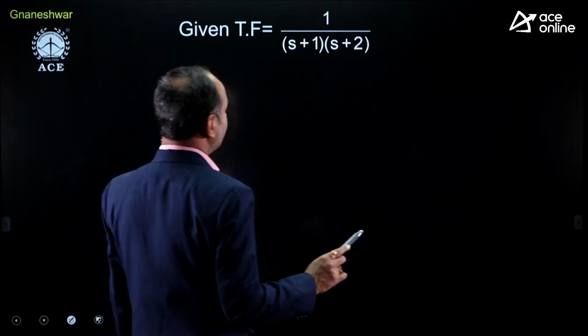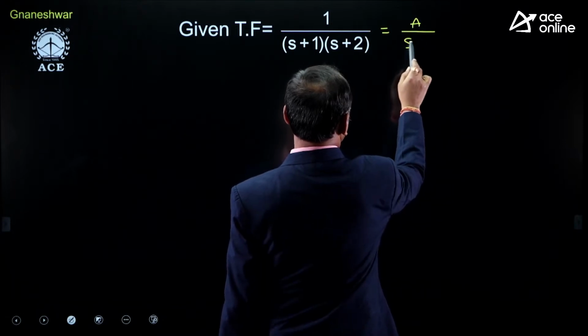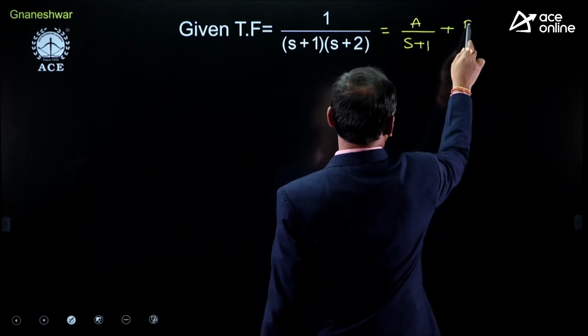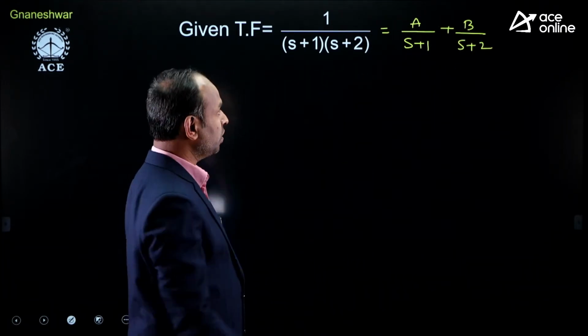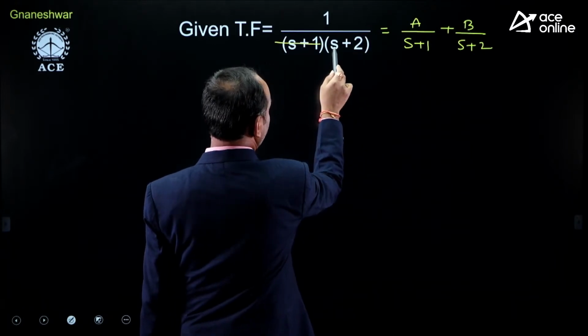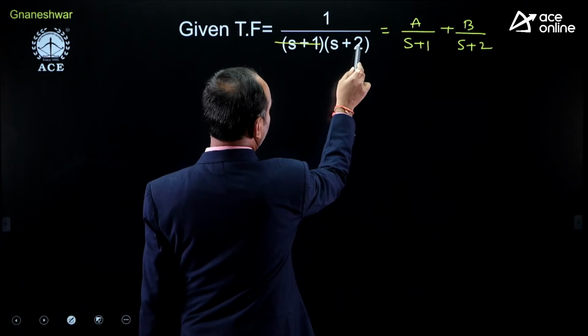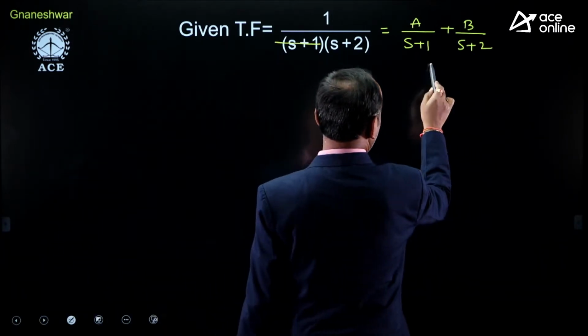Before moving to the inverse, first of all we have to find the partial fractions: A upon S plus 1 plus B upon S plus 2. Now find the A and B values. To get the A value, substitute S equal to minus 1 in everything except this term, giving minus 1 plus 2, so A equals 1.